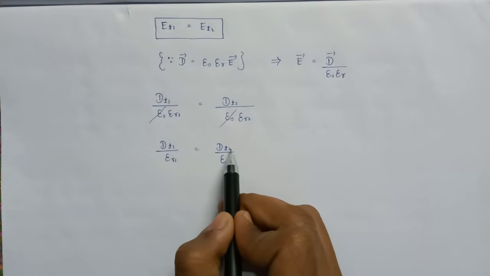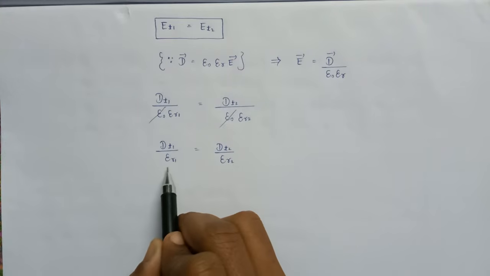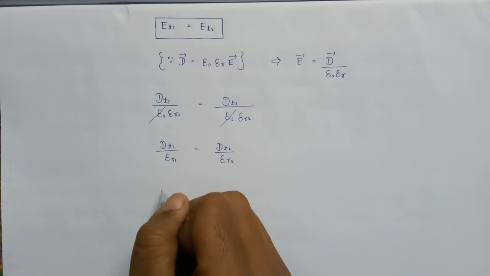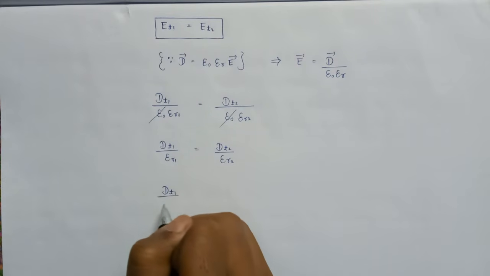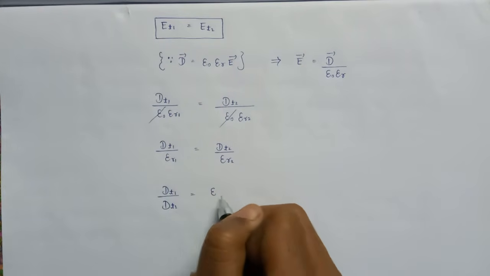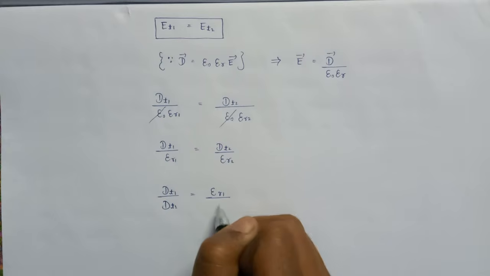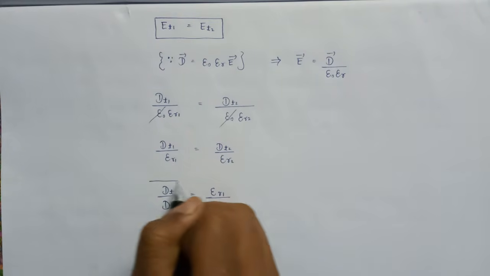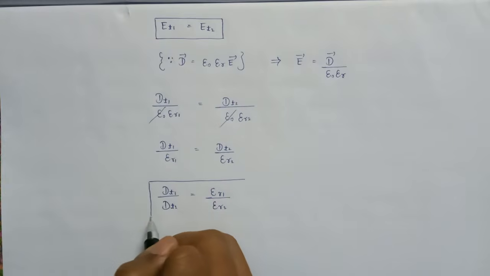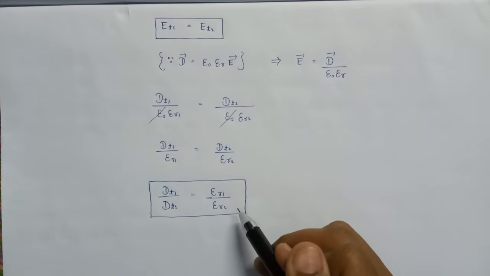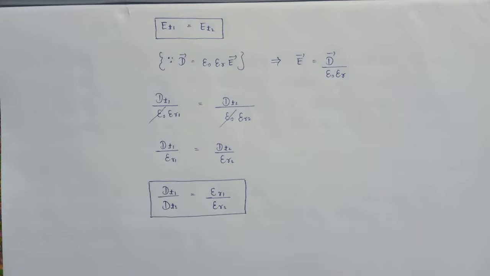Now if we take this dt2 in the denominator and this epsilon r1 in the numerator, we get dt1 over dt2 is equals to epsilon r1 over epsilon r2. So this is the expression for the tangential component of the electric field in terms of electric flux density.